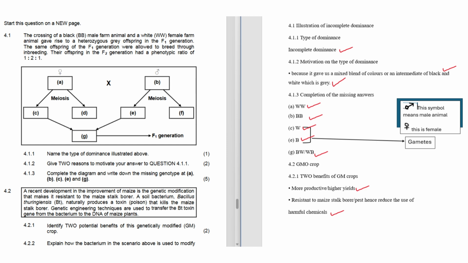If we have this GM crop that is resistant to the maize stalk borer, it helps to reduce the damage to the maize, and at the same time it improves the yield and the quality of our crops. It stops the yield losses.